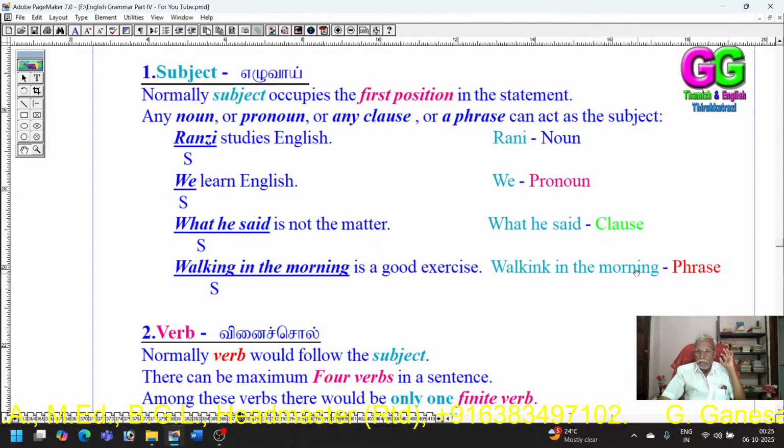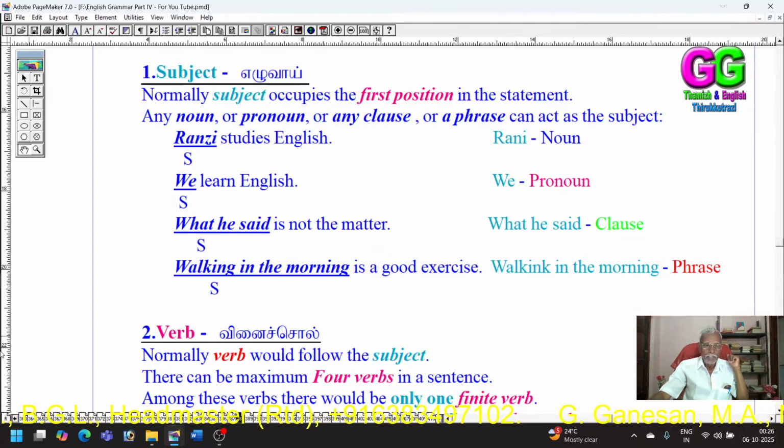Walking in the morning, a phrase, has been used as a subject. So in the first sentence a proper noun, in the second a pronoun, in the third a clause, and in the fourth a phrase have been used as subjects.